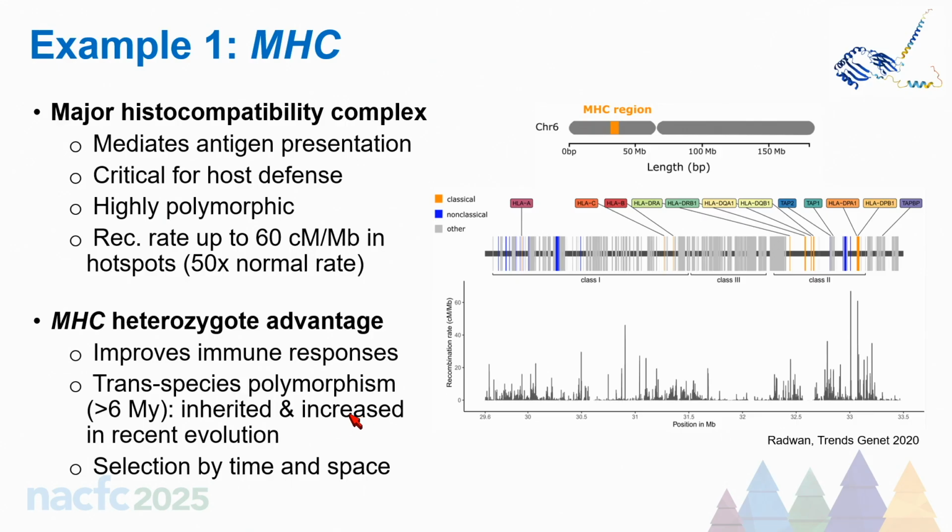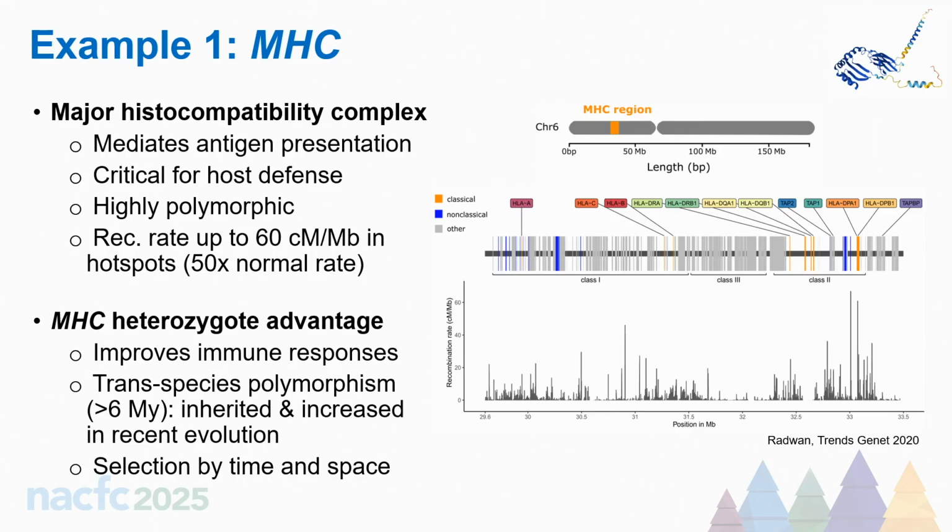And in humanoids and in humans, the appearance of further polymorphisms has nothing but increased. So there's been a selection by time and space in the case of MHC. And there's no obvious deleterious effect of having certain polymorphisms, except if you happen to be infected by the one pathogen that your polymorphisms don't respond to well, okay?